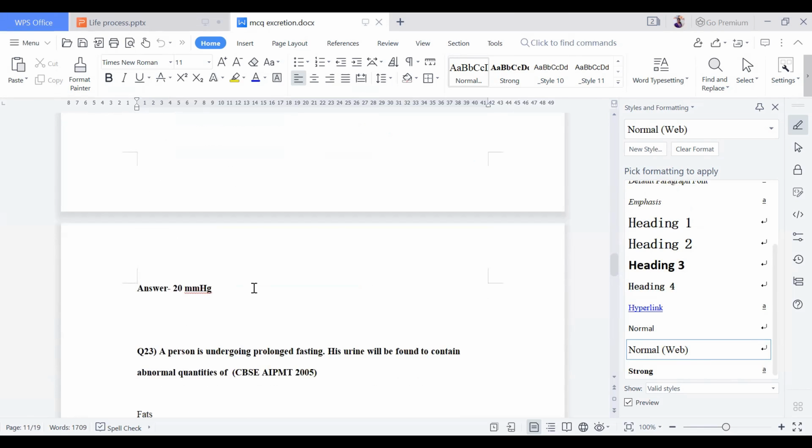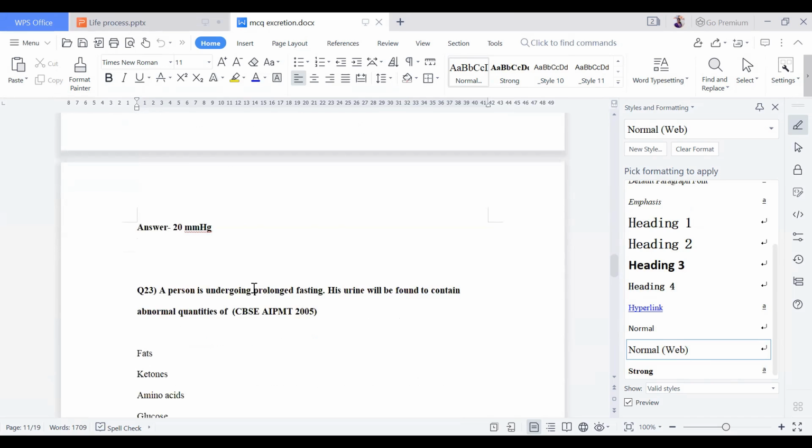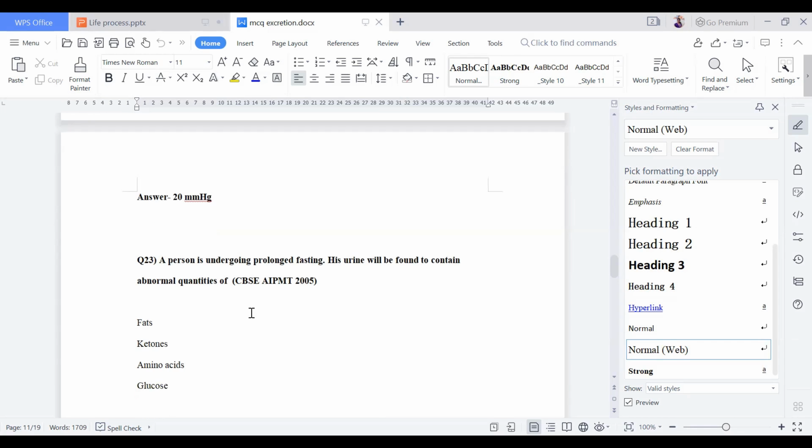23rd question. A person is undergoing prolonged fasting. His urine will be found to contain abnormal quantities of.